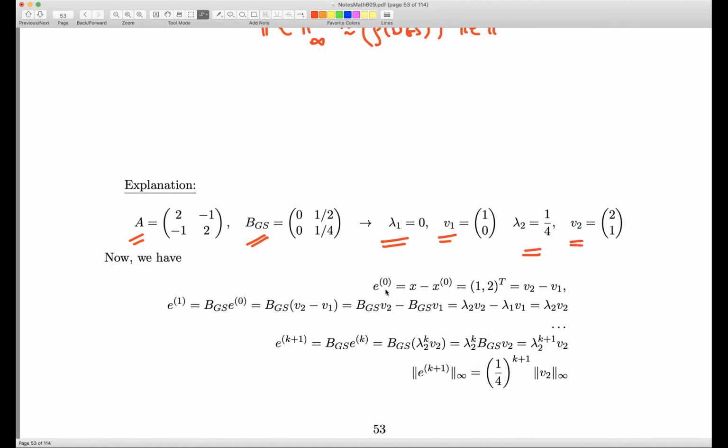If you look at the error, the error is x minus x0, where x0 is the vector 0, 0.